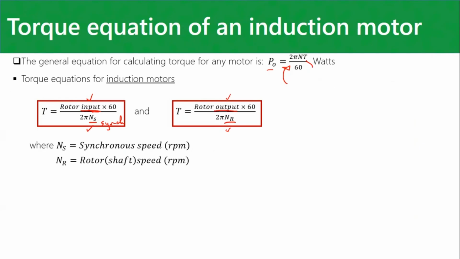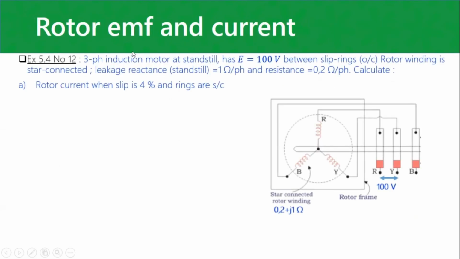All right. So if you've got one at standstill, this is a very common way of them giving you this value of EP2, the standstill EMF induced there. So they're saying that across the slip rings here, if it was an open circuit, then you'd measure with a voltmeter between, say, red and yellow, or any of the other ones, 100 volts.